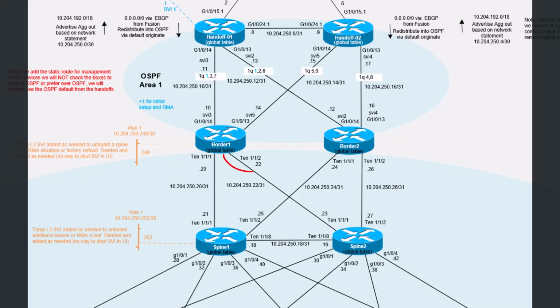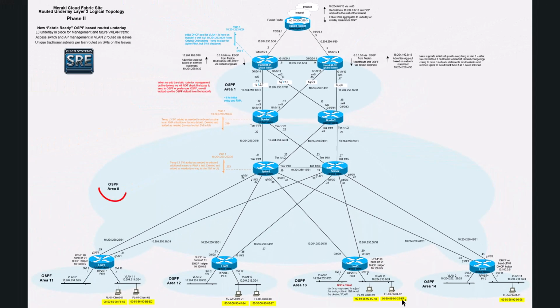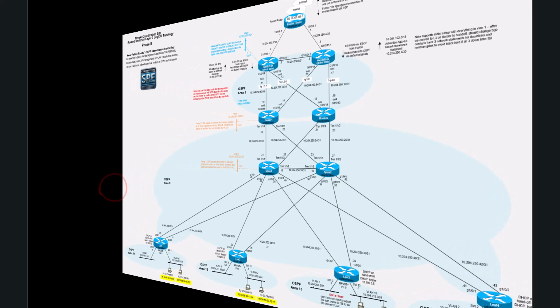Next, we'll configure port T111 on border 1, going to spine 2. And as you might guess, we will configure port T112 on spine 1 next. And finally, we'll configure the connection between border 1 and spine 1, top down, border then spine. And as I zoom out, we can confirm that this section is in OSPF area 0.